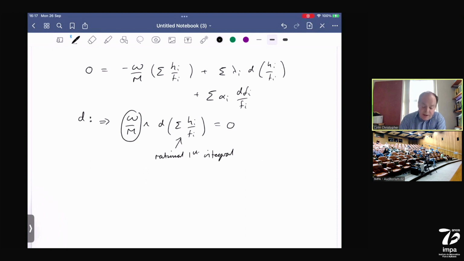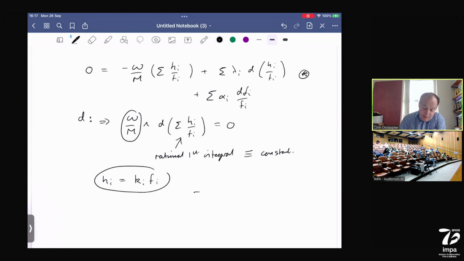And the only way that that's going to happen is that this must be a constant. In other words, this is only going to be possible if h_i is going to be some constant times f_i. So we plug this expression back into here.